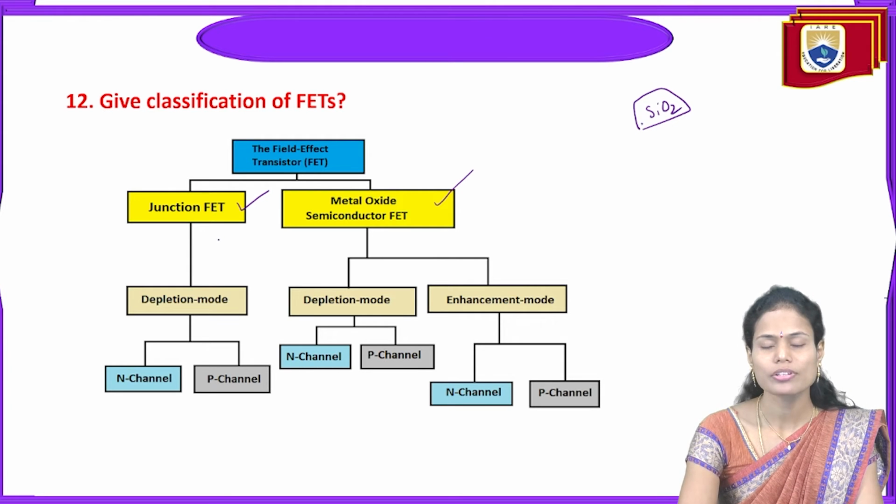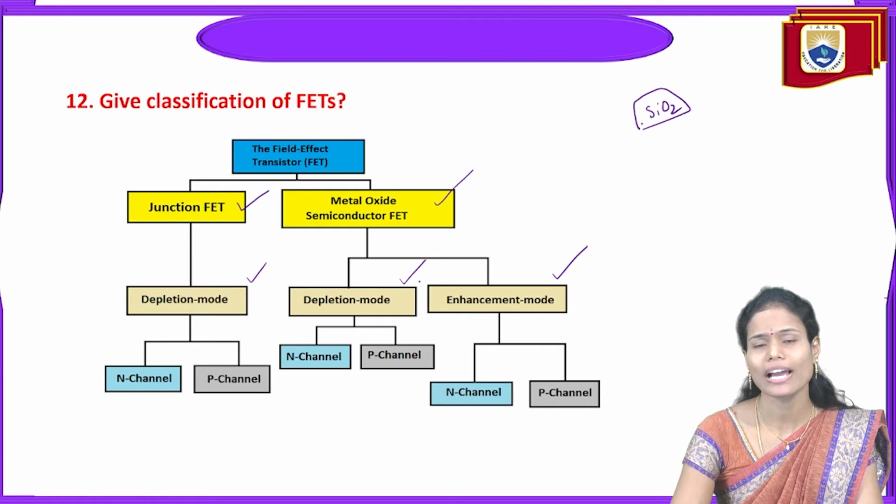So these junction field effect transistors are available in the depletion mode. And these metal oxide semiconductor field effect transistors are available in depletion mode as well as the enhancement mode. And what is the basic difference between the depletion mode and the enhancement mode? In the case of depletion mode, the channel physically exists between the source and drain terminals of the FET.